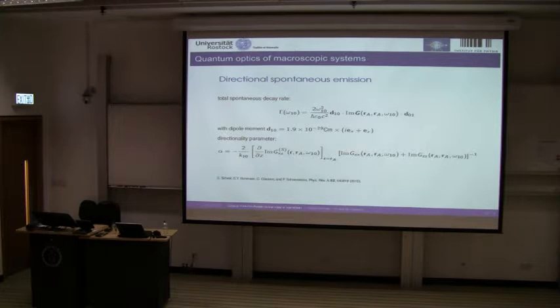Of course, everything depends on material parameters, and this is just to show you that we can actually calculate things. If you look at the total spontaneous decay rate, we already know this is proportional to the local density of states encoded in the imaginary part of the Green's function. The dipole moment of that particular cesium transition is this value, and we compute this directionality parameter as well.